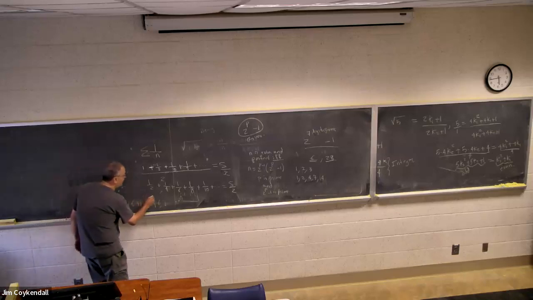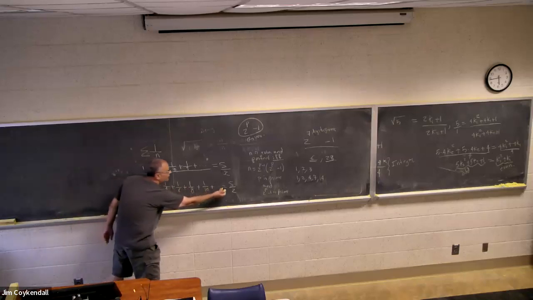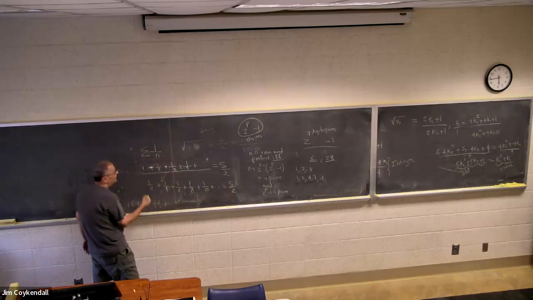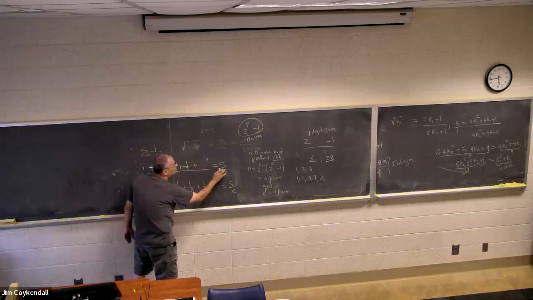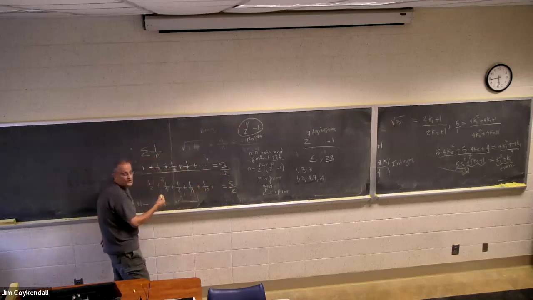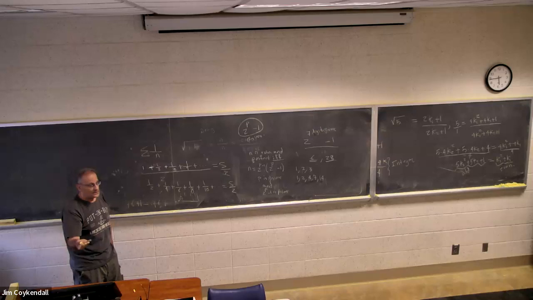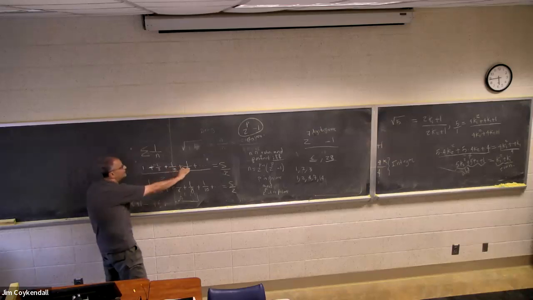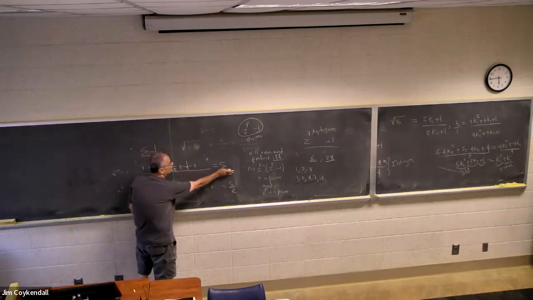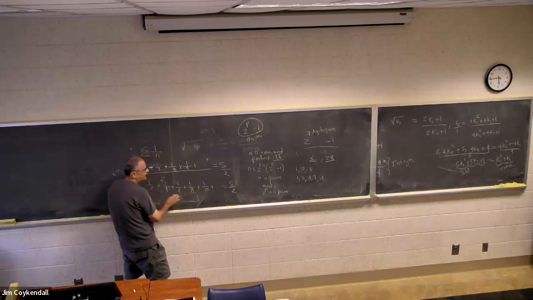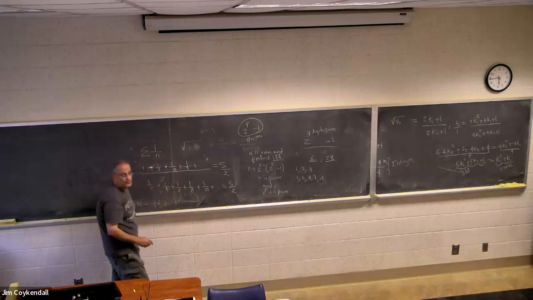Okay, so that means if this adds up to S/2, and the whole sum is S, what do you think the odd ones will add up to? S/2, right? Because the whole thing adds up to S before I divide by 2. The even ones add up to S/2.